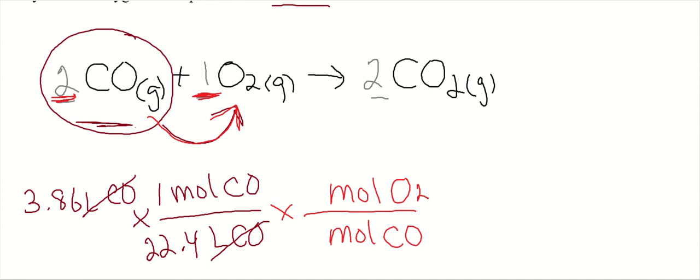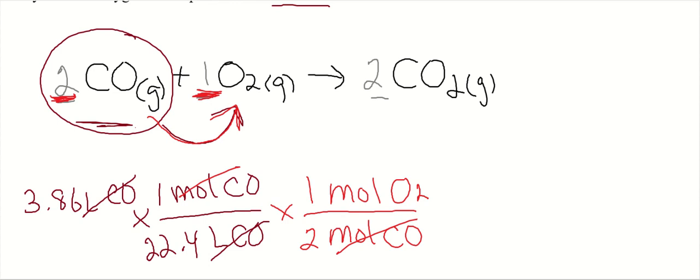For every 2 carbon monoxide molecules, we can interpret them as molecules as well, you need 1 molecule of oxygen. But we're going to use these as moles. 2 moles of carbon monoxide to 1 mole of oxygen. That's a conversion factor. They're equivalent in this recipe, in this equation. Let's cancel out our units.